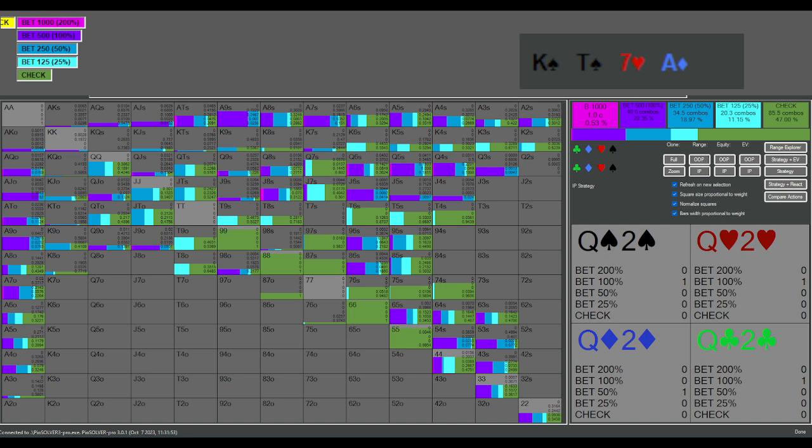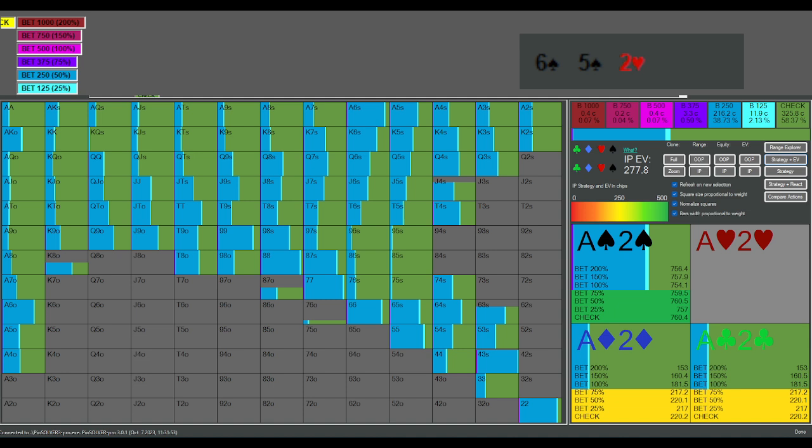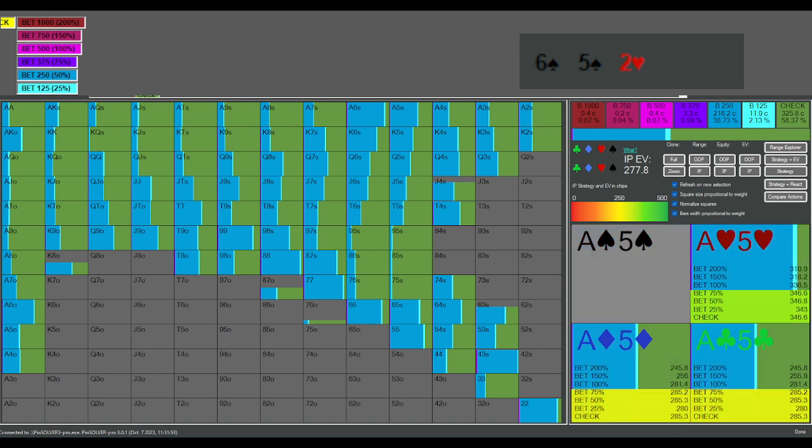Let's take a look at a different board texture to end the video. So here's 6-5-deuce two-tone. Several things I see going on in game. I think a lot of players are betting good high cards too often.